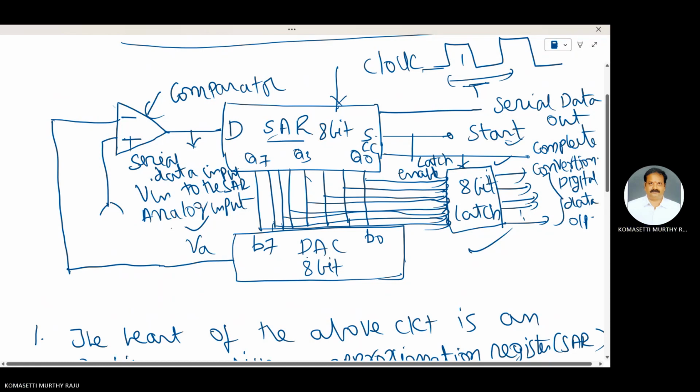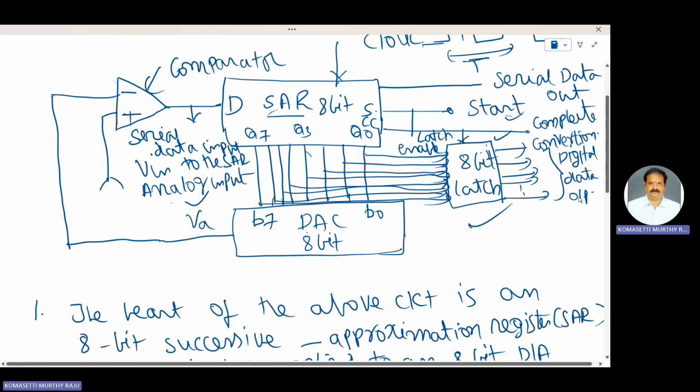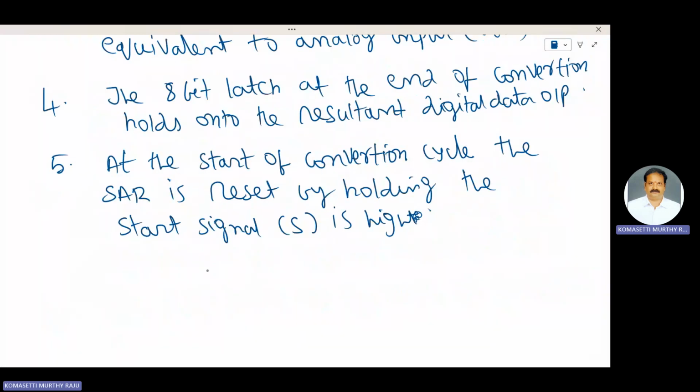Q7 of the SAR is set. By using this, at the start of the conversion cycle, the SAR is reset by holding the start signal high, because all the bits, Q7 to Q0, are zeros.